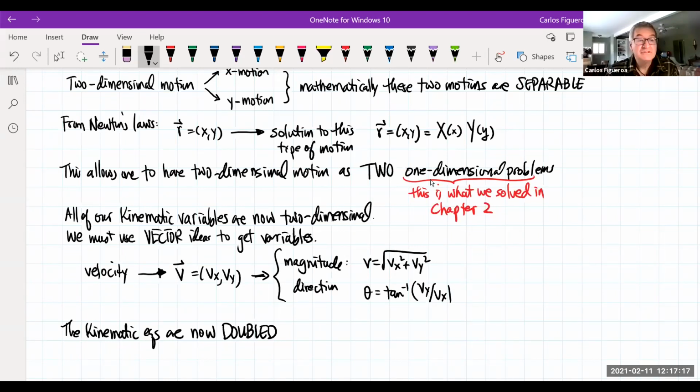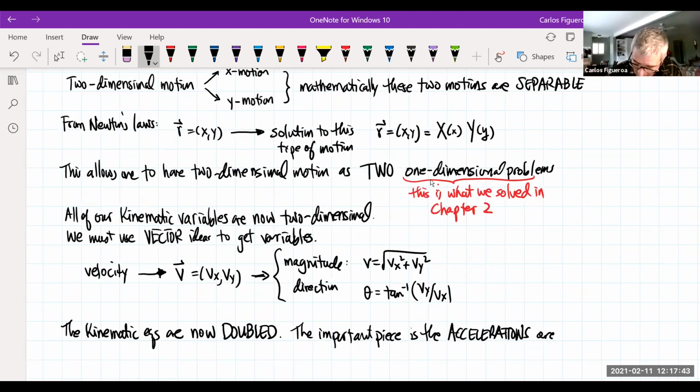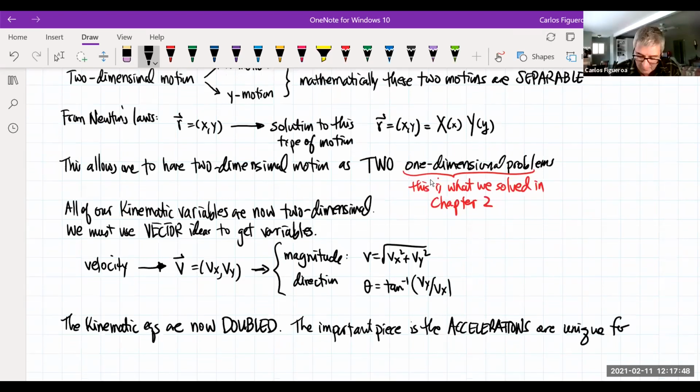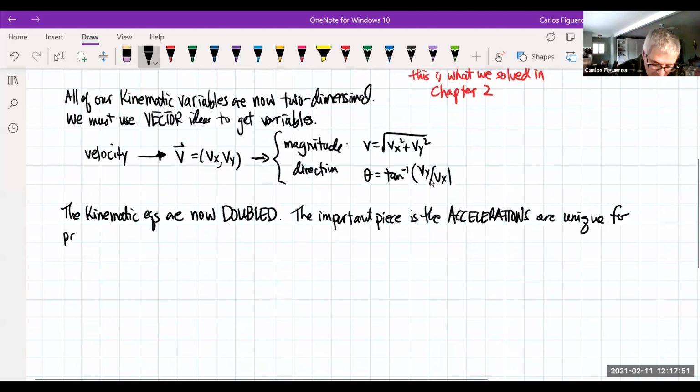But there's a simplification, and it turns out to be a very important simplification. The important piece here is that the accelerations are unique for projectile motion.